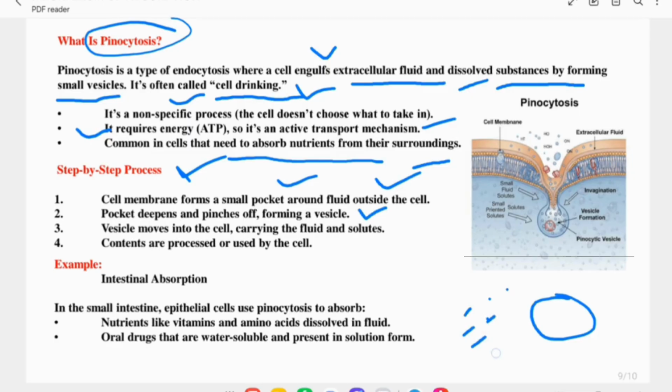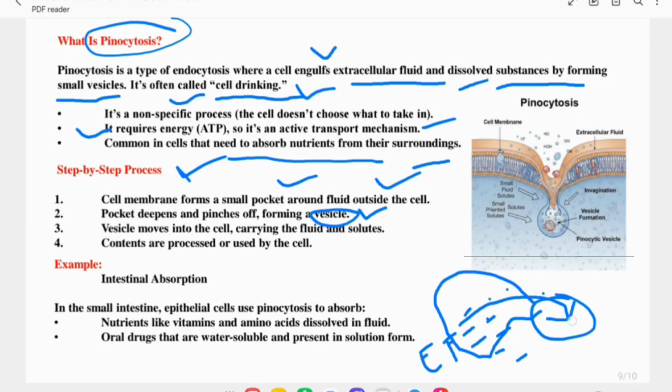Now the cell will form a small pocket around this fluid, and this fluid gets absorbed inside of the cell by forming a vesicle, and the dissolved solutes and the extracellular fluid get inside of the cell.